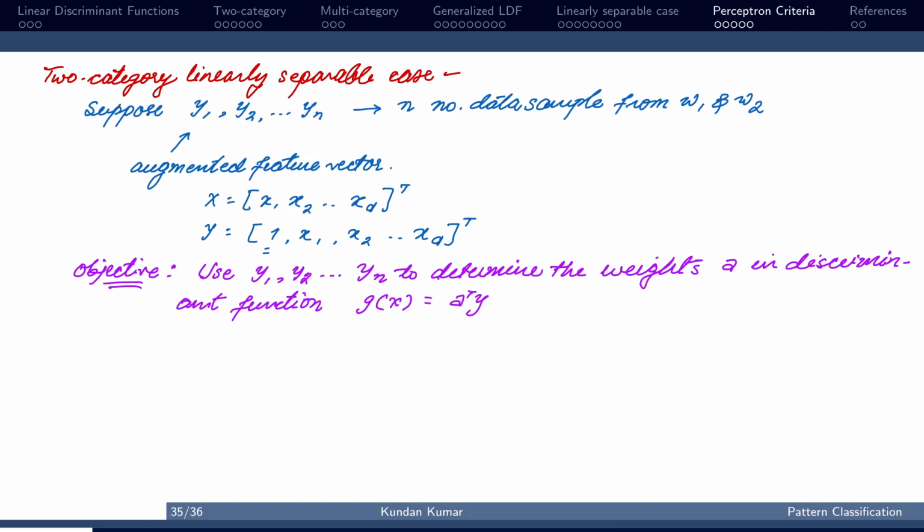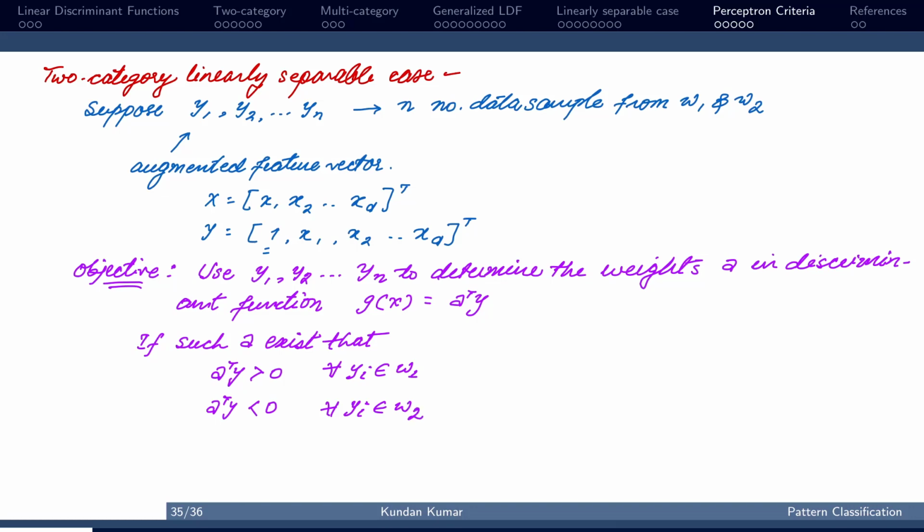If such an A exists, that means A transpose y is greater than 0 for all data samples belonging to class 1, and A transpose y is less than or equal to 0 for all data samples belonging to class 2, then we can say that y1, y2 and yn are linearly separable.